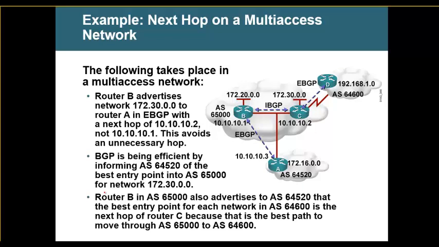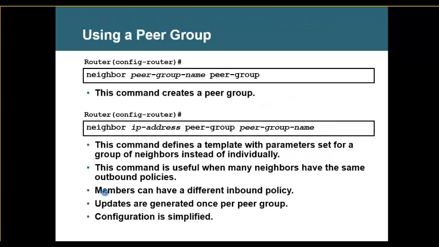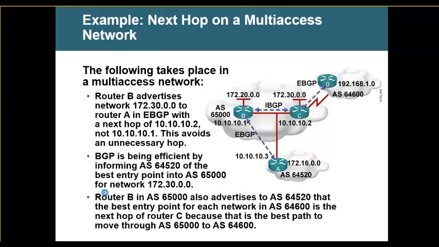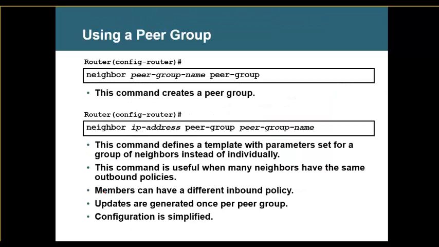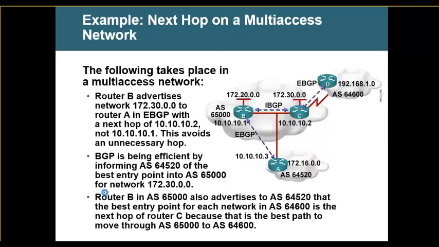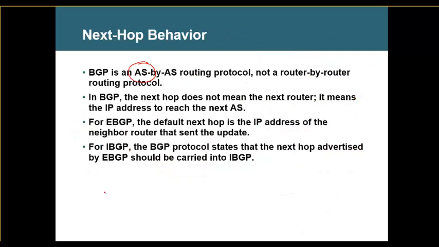Alright. So next, peer group is a different topic. We'll talk about this in the next class. So we have learned the default next hop behavior. See, the last point is very important. For IBGP, the BGP protocol states that the next hop advertised by eBGP should be carried into IBGP.